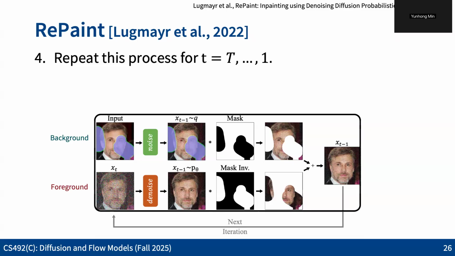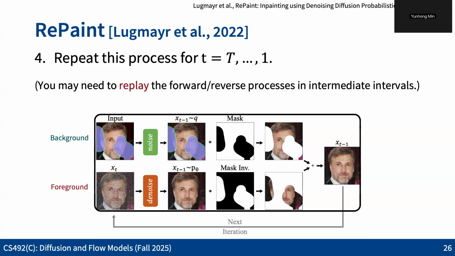For those techniques, there is no theoretical guarantee, and if you try yourself, there will be some failure cases as well. There are cases where the foreground and the background do not match each other, so there are some engineering techniques for achieving better outputs.